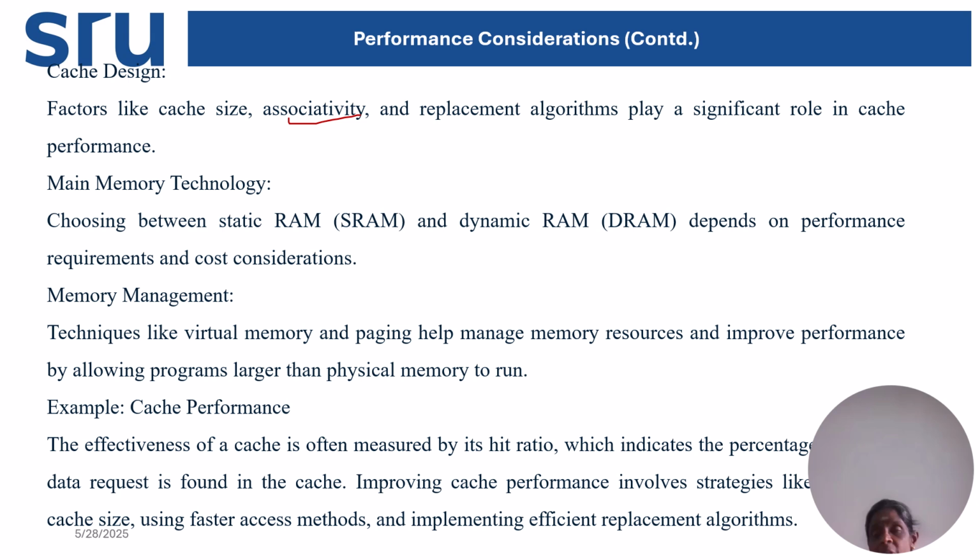So these are all the base for getting better performance of the cache. Main memory technology: choosing between static RAM, that is SRAM, and dynamic RAM, DRAM, depends on the performance requirements and cost considerations.